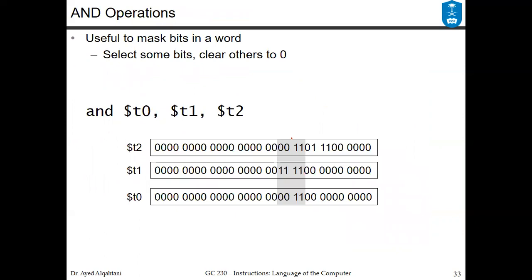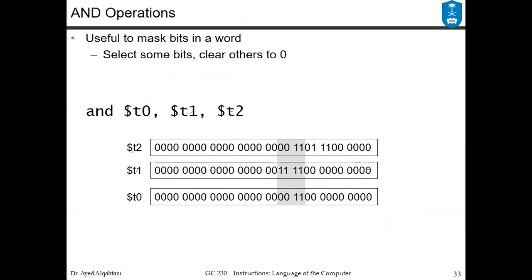Now, going back to continue the different operations, we have the AND operation. It's an R type, as you can see here. If you have T1 and T2, and you want to AND T1 and T2, you do the AND operation, and then you store the result in T0. If T1 has this value, T2 has this value, and you AND them, you bitwise AND every bit.